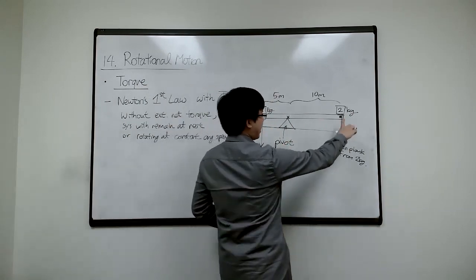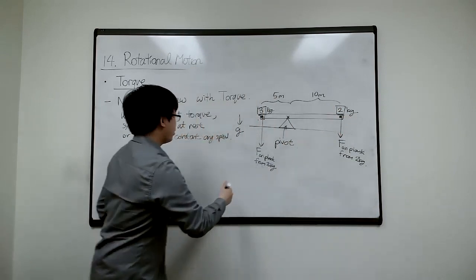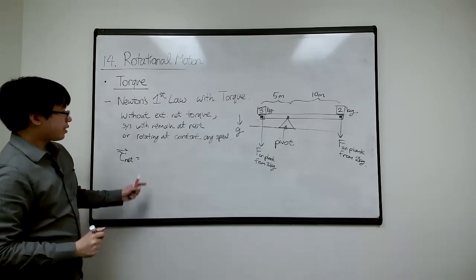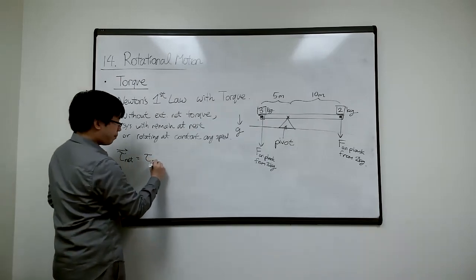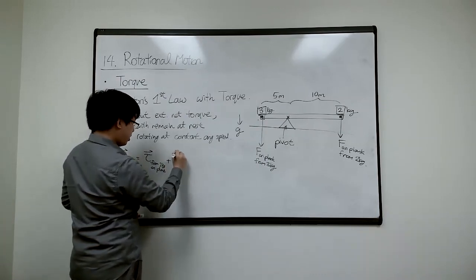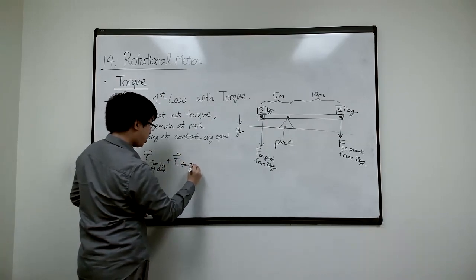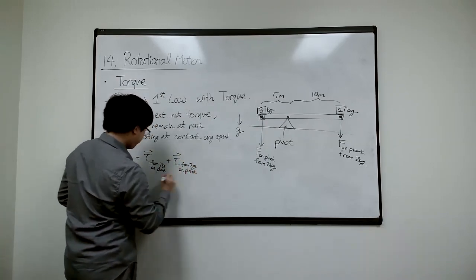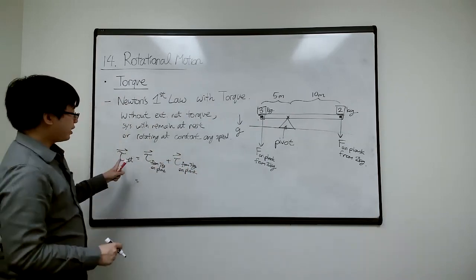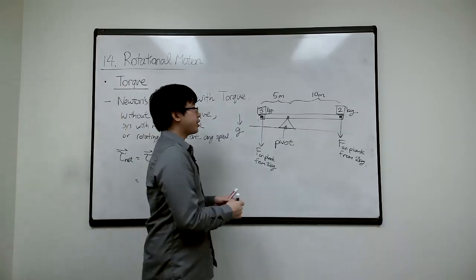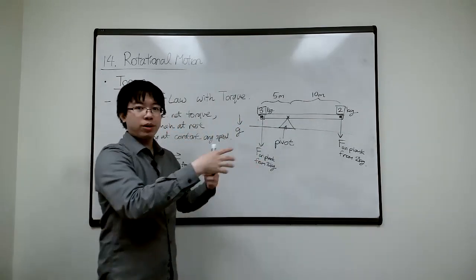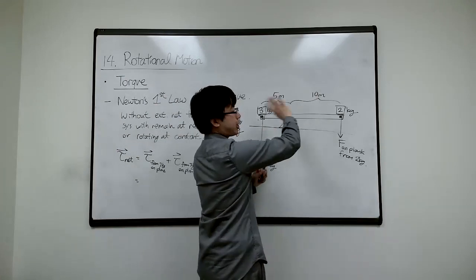So we'll need to calculate the torque. What's the net torque on this object? Let's write down the vector. The net torque is the torque from the 2 kilogram block on the plank plus the torque from the 3 kilogram block on the plank. Just like we need to choose an XY axis with normal linear motion, here you want to choose a rotation direction.